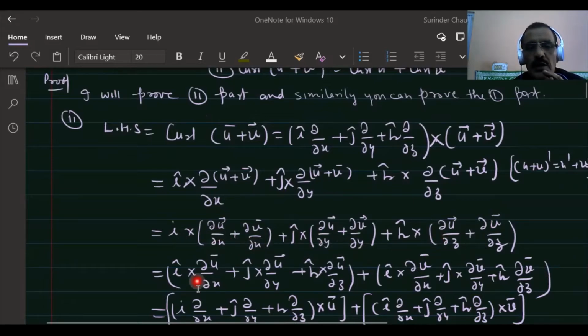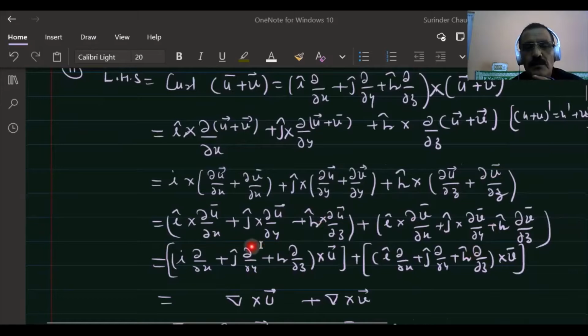So this is equal to i cross partial u vector with respect to x plus j cross partial u vector with respect to y plus k cross partial u vector with respect to z, plus the remaining terms: i cross partial v vector with respect to x plus j cross partial v vector with respect to y plus k cross partial v vector with respect to z.